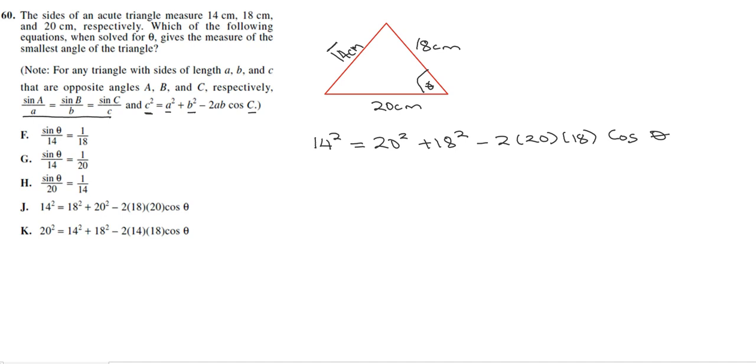So when you're dealing with the test, because the scope of the test isn't for you to actually solve triangles using the cosine rule, most times this is about where they stop.